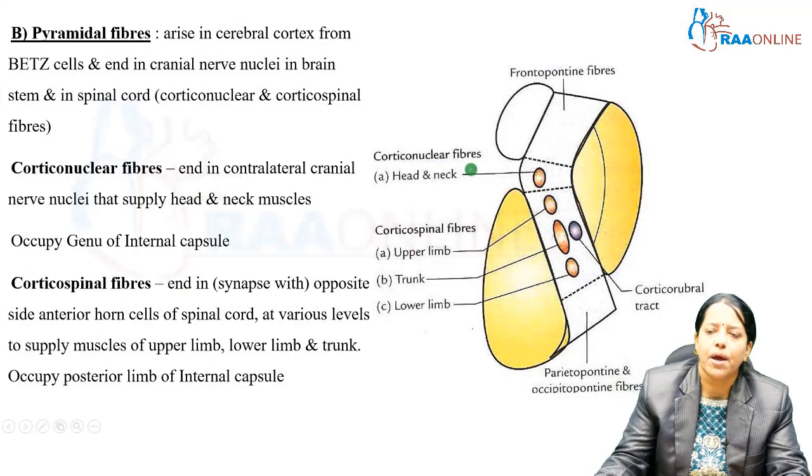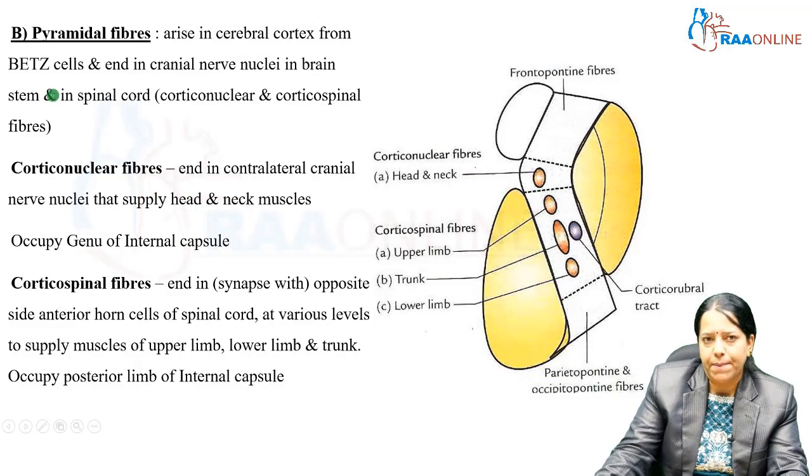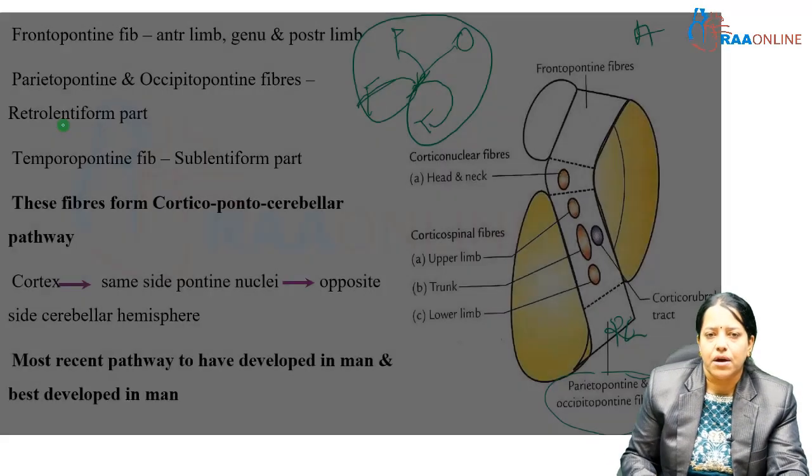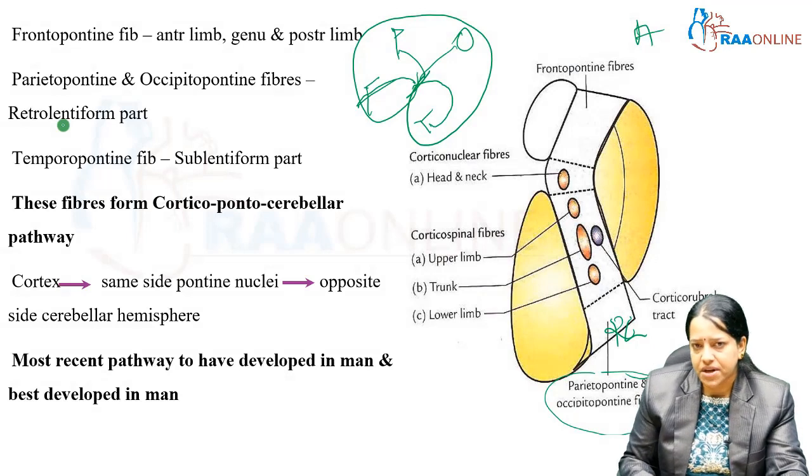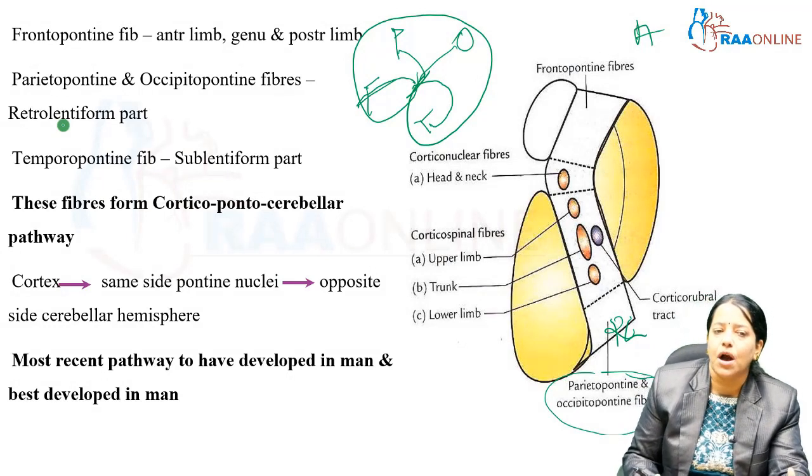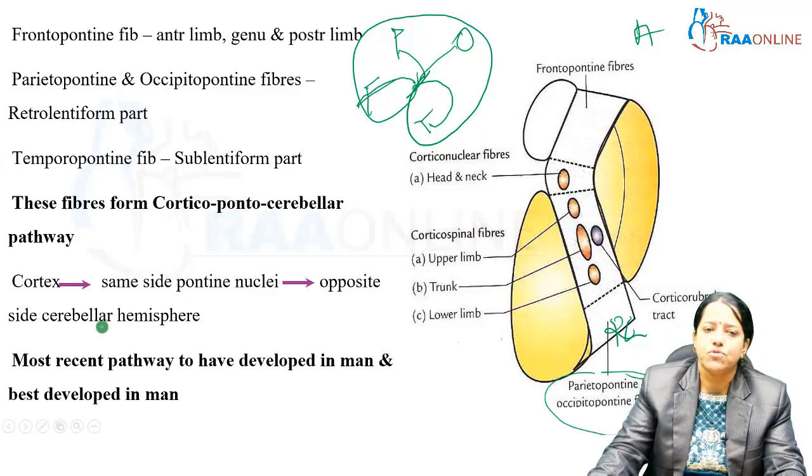We were talking about all the fibers present in the different limbs, which are the corticopontine fibers, definitely motor fibers. Let's go through this. I'm just putting a flow chart.